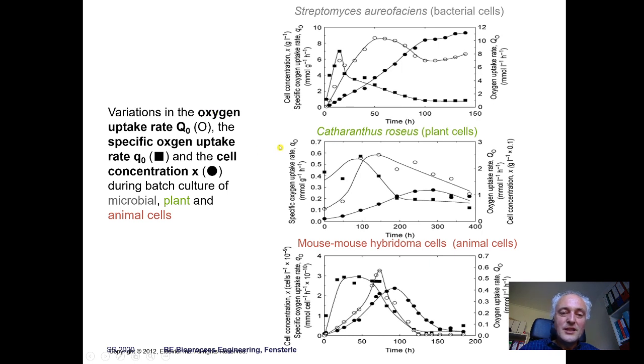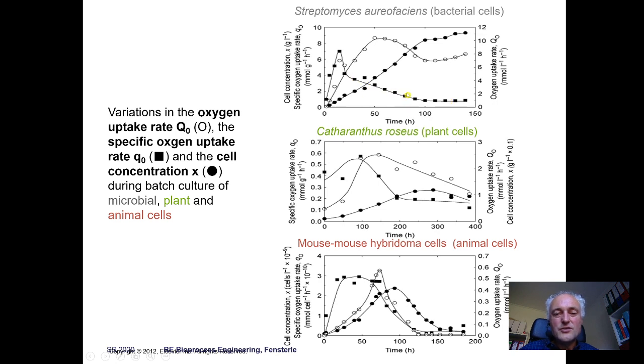In this Streptomyces, you have quite a steep increase in the specific rate of oxygen transfer. These are the squares here, which goes down at later time points. This is your biomass concentration. Here you hardly have any growth, so you would expect this to go down, because without growth the demand is lower.